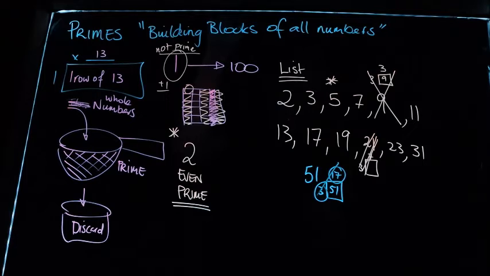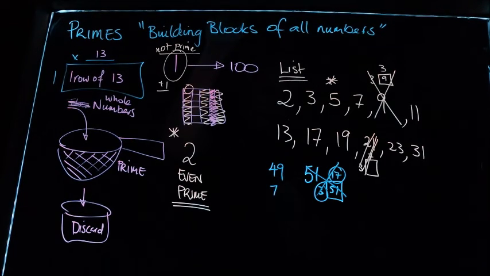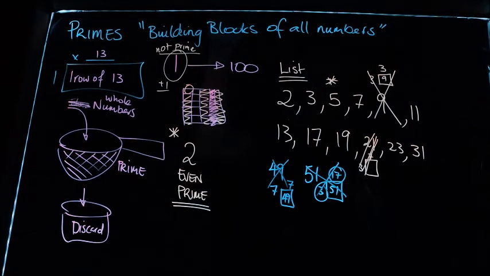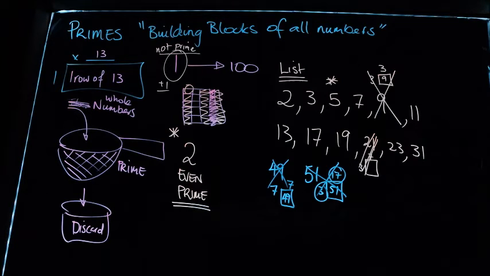So 51 won't be on the list. Look out for other squares, and right near 51 there's 49, but that's 7 times 7. It's a square number. So 49, even though it looks prime, it's not on our list. So I'm quite prepared for a few mistakes, and we'll share our lists and we'll come back and settle on the final list. Okay.